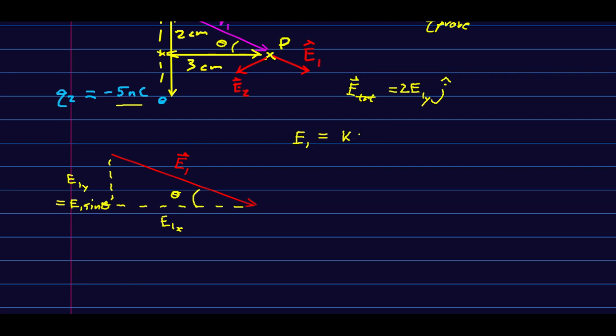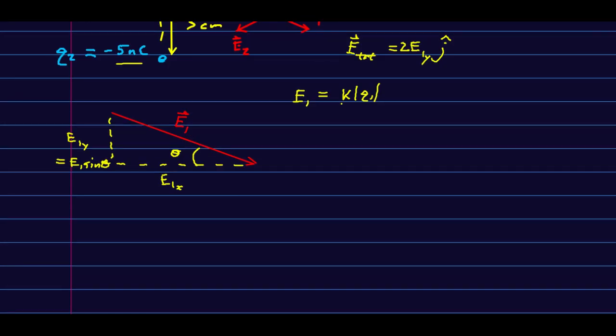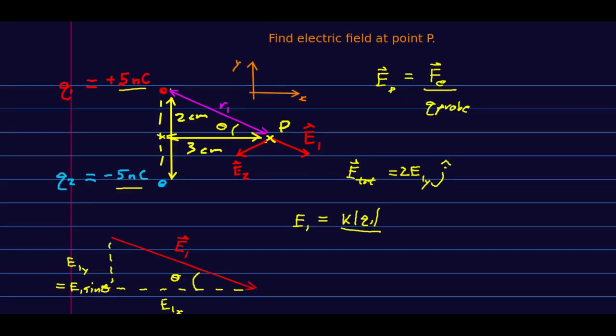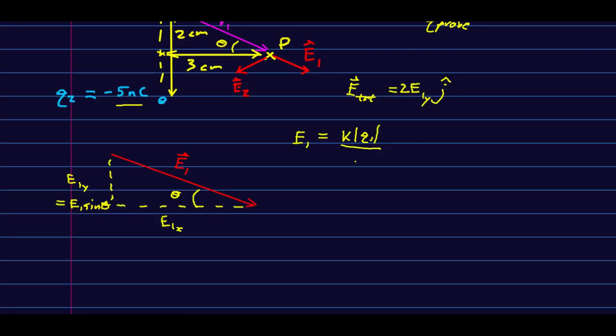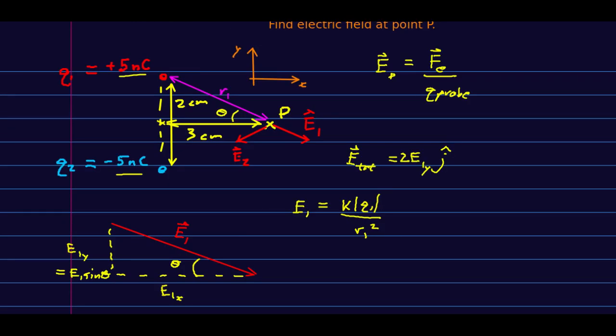And we know how to do this. It's k magnitude of Q1, well, the magnitude part doesn't really matter, it's positive anyway, over, and I've called this distance here R1, so we need R1 squared. And you can see, if we just pull this R1 out here, where once again, this is theta, this is R1, this is 3 centimeters, and this is 1 centimeter.